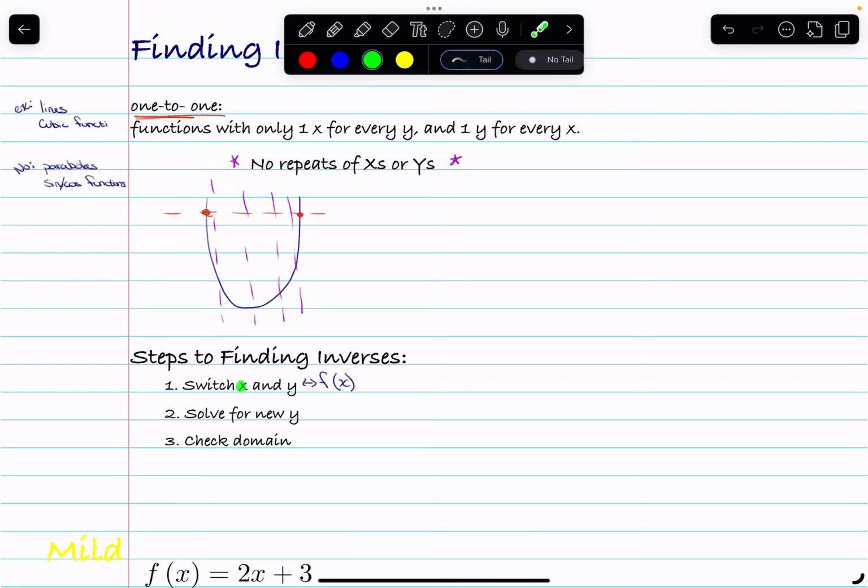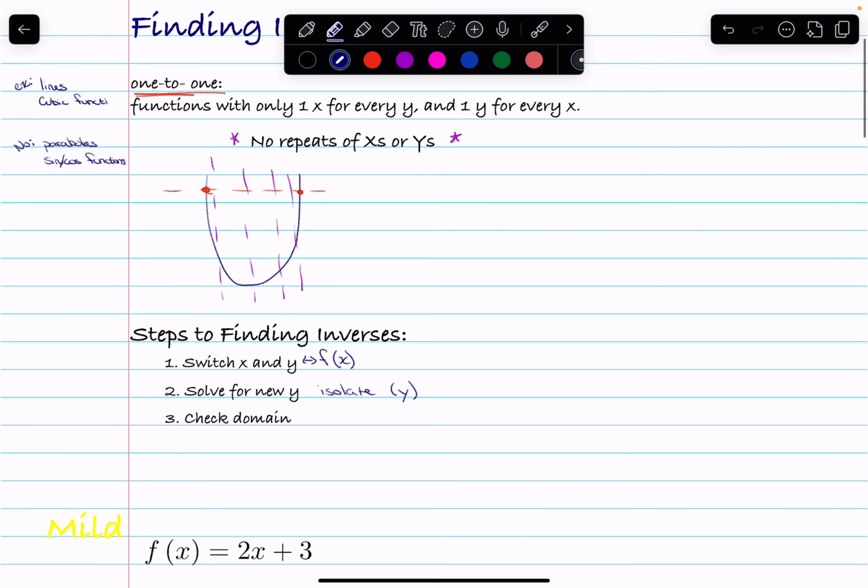So we're going to switch places with our x and our y. Then we're going to solve for the new y value. Wherever the y value is, we're going to solve for that one, okay? Remember, that means you are going to isolate, in this case, the y. And then the last thing is we're going to check our domain. We're going to make sure that our domain doesn't change at all, okay?